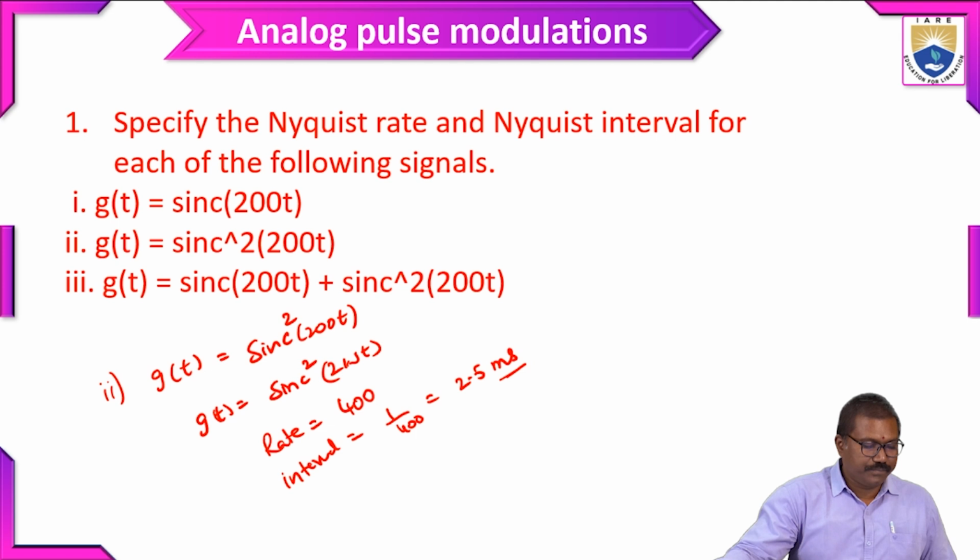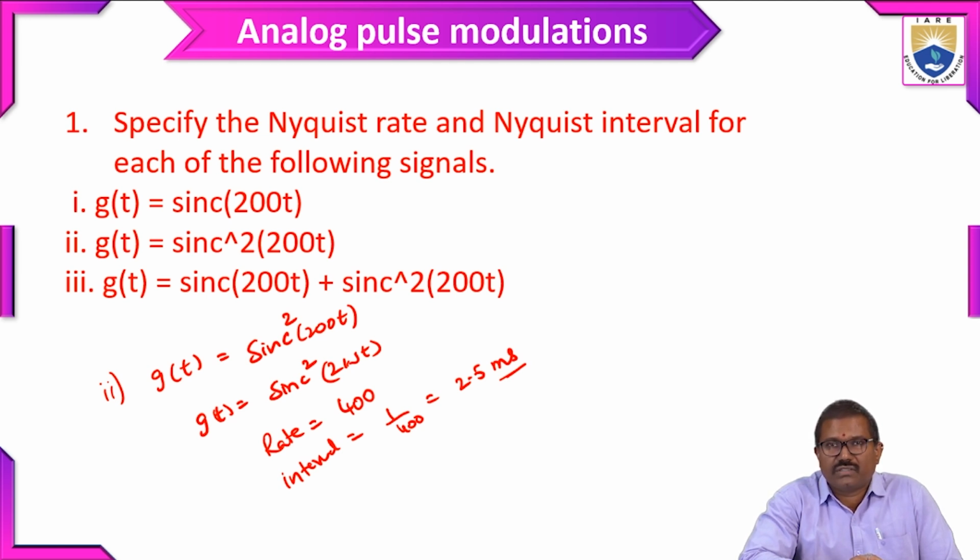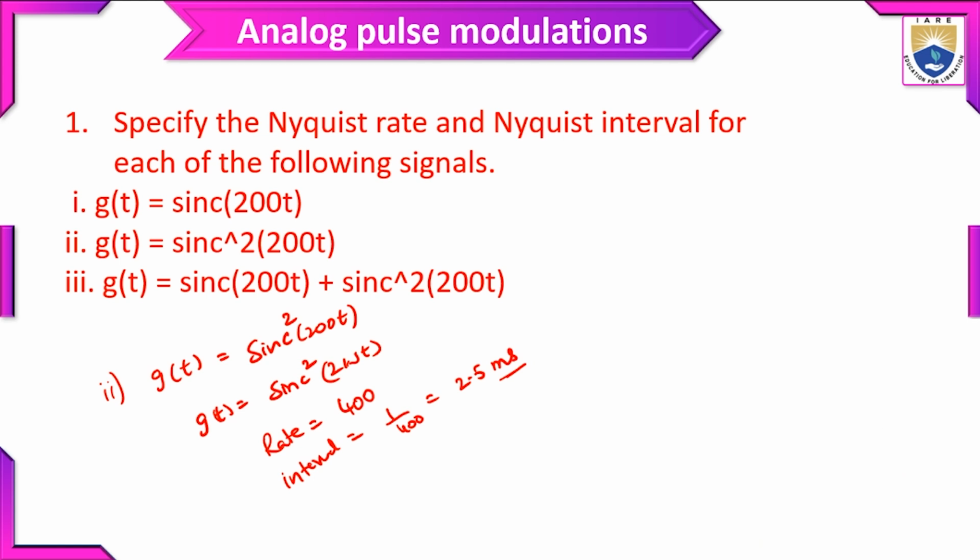And the third one is the addition of the first and the second part. You can say g of t is equal to sinc of 200t plus sinc square 200t. The first one is sinc of 200t and the second one is sinc square of 200t.